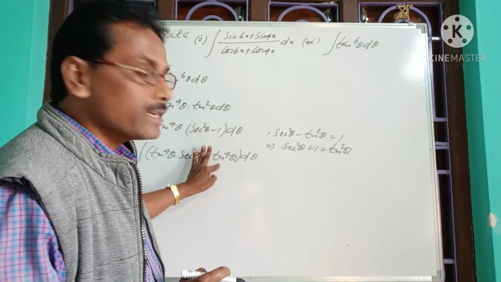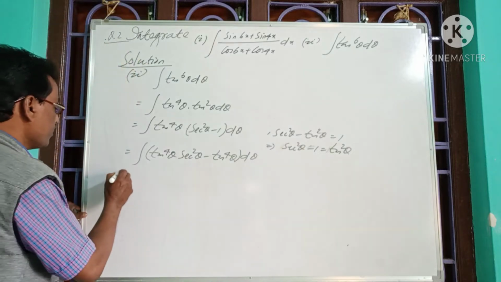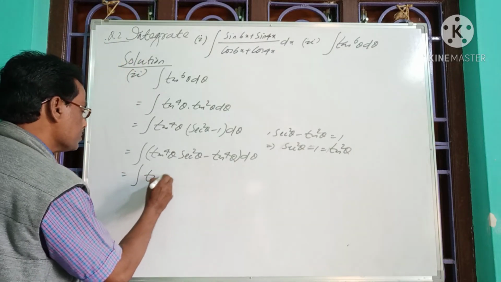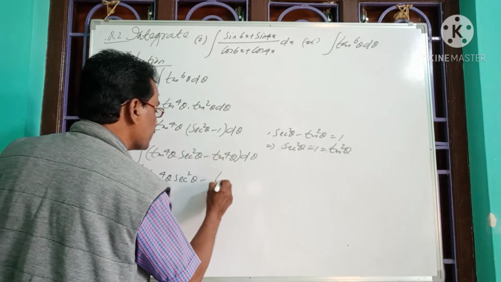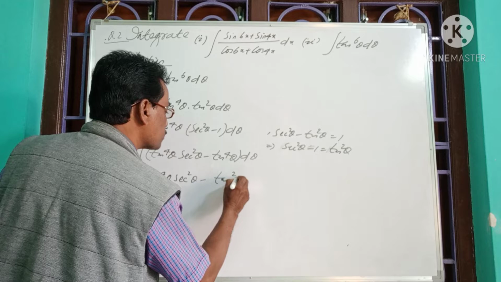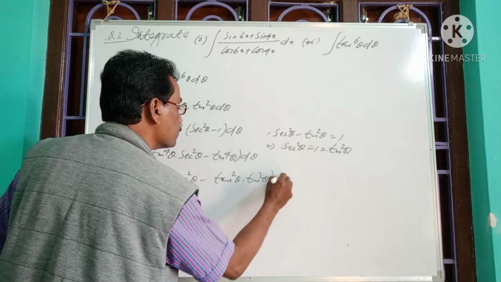Now let us break tan to the power 4 theta using the previous process. We have the integration of tan to the power 4 theta into sec square theta minus, again breaking tan to the power 4 theta as tan square theta into tan square theta, with respect to theta.